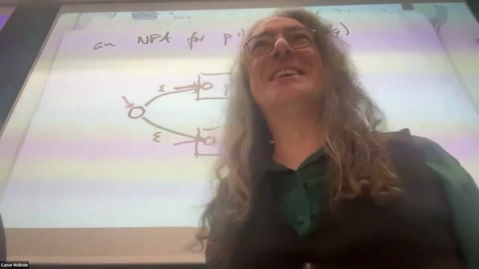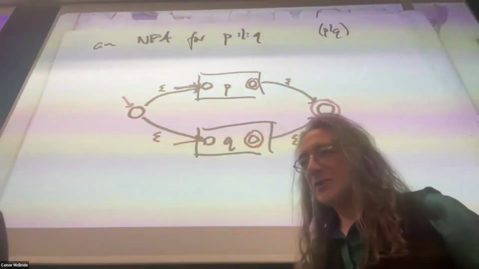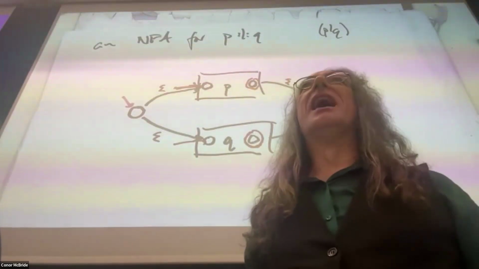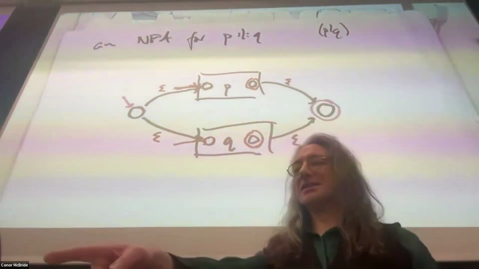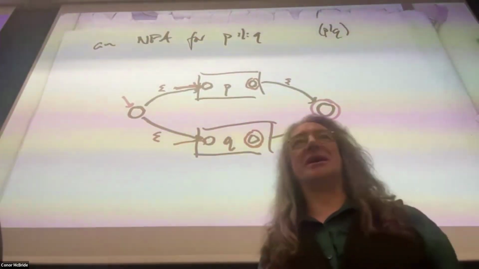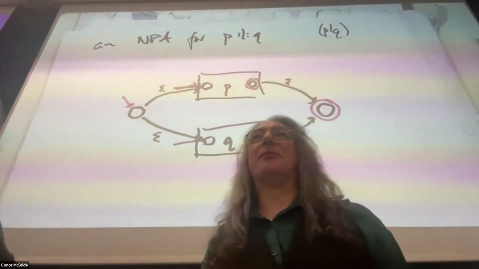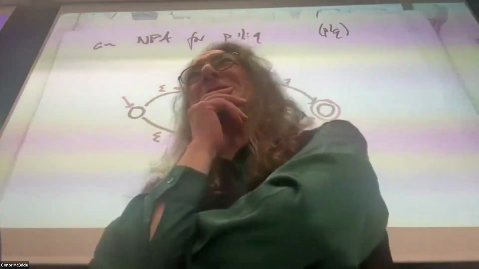So this is a machine that will accept P's or Q's. If you give it a P, it won't say, "But I decided I wanted a Q."